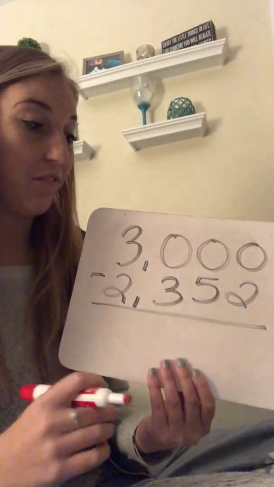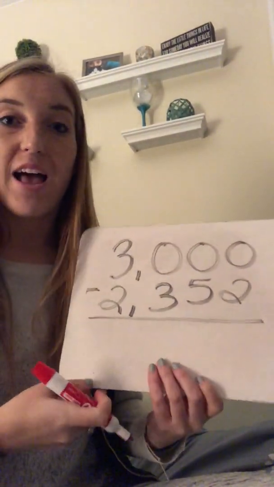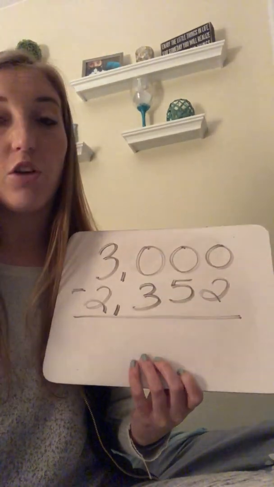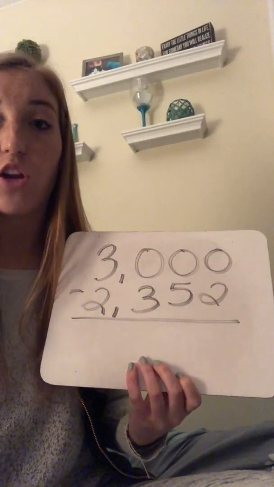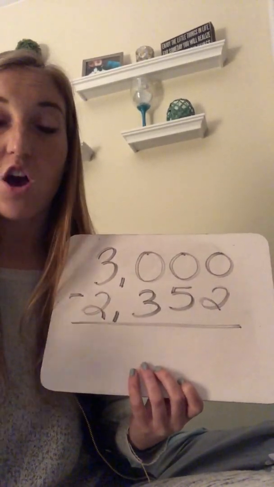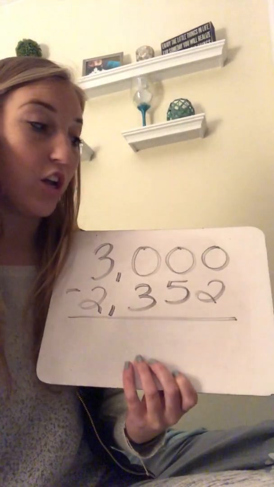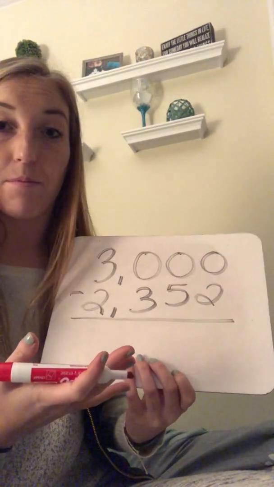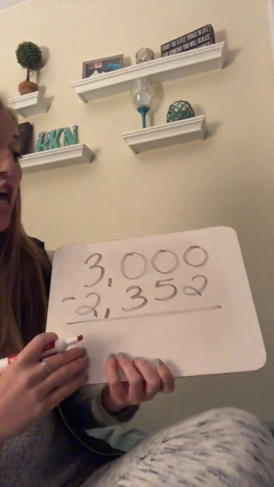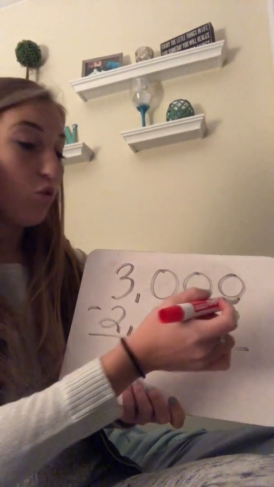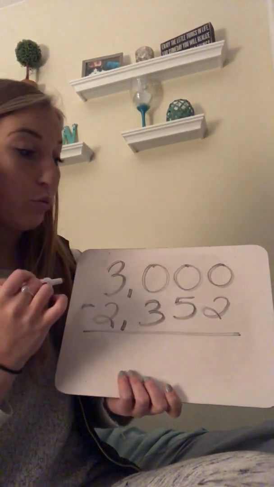Now that you're back with the video, we're going to talk about how to find the answer. Hopefully you were successful in finding your answer and using your notes to find the answer. Always remember, you can go back into the video and start using those other examples at any time. So hopefully you realize that you could not regroup from any of your hundreds or your tens.